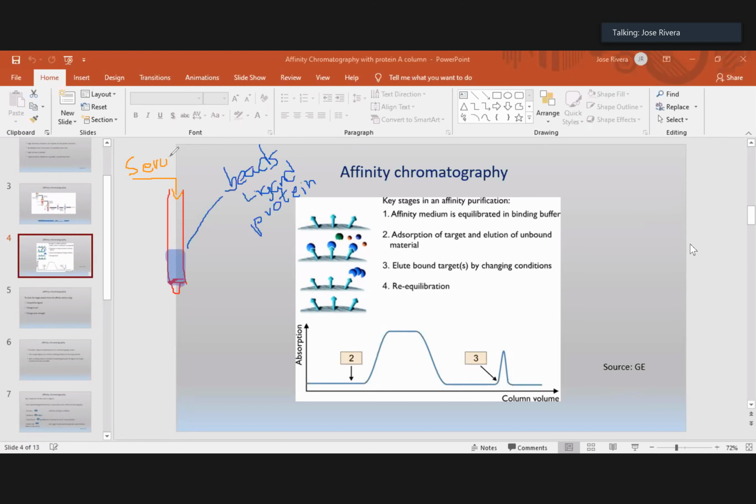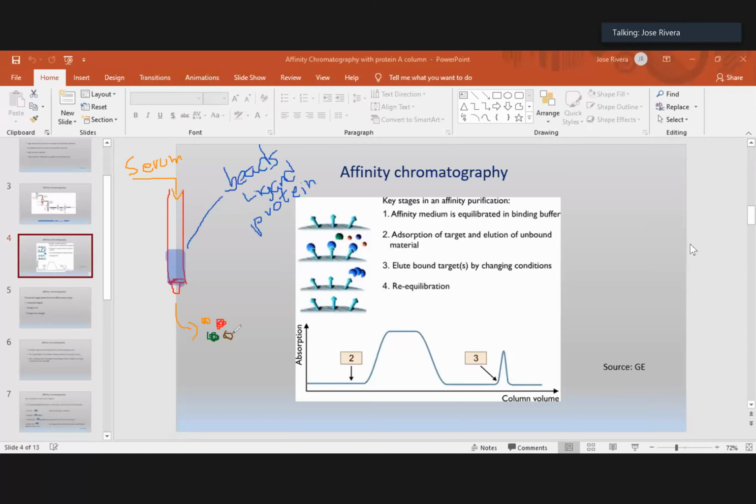In our case, I think we use rabbit and horse and something else. So you put the serum, and all the proteins that don't bind to the column are going to come out here. So I'm going to use different colors for different proteins. So all the proteins come out.